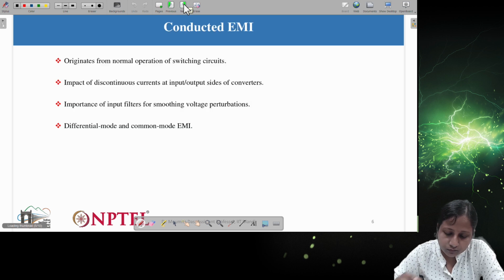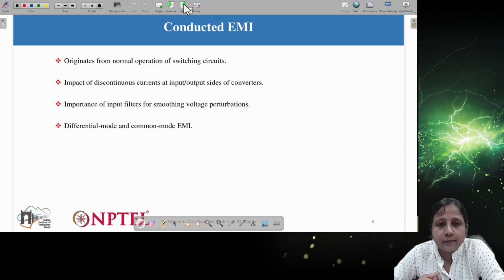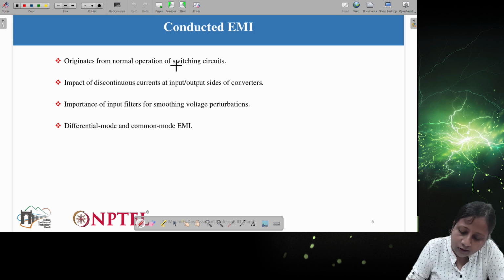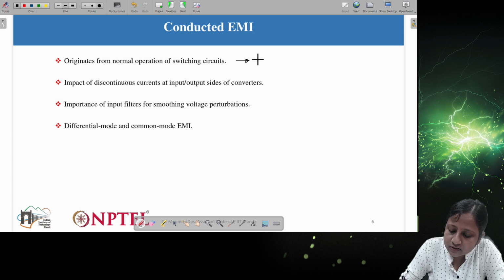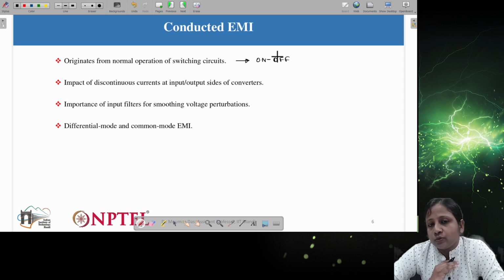So now this conducted EMI, how does it come? It originates from the normal operation of the switching circuit, meaning the on or off operation. When the switch is turning on or turning off, the converter circuit principle is changing.